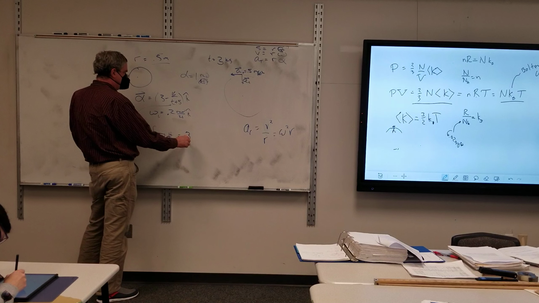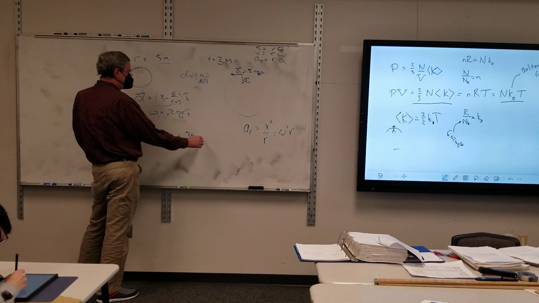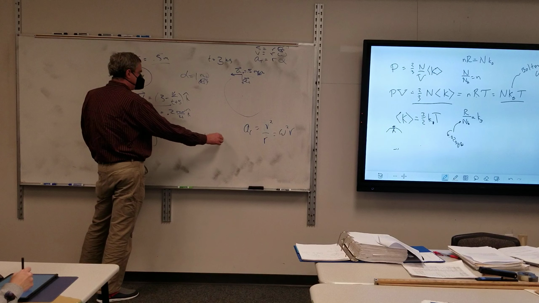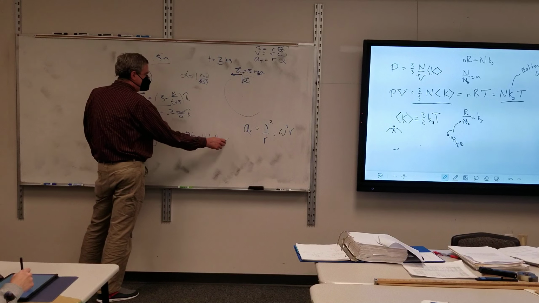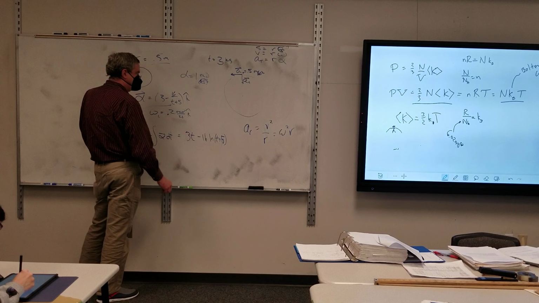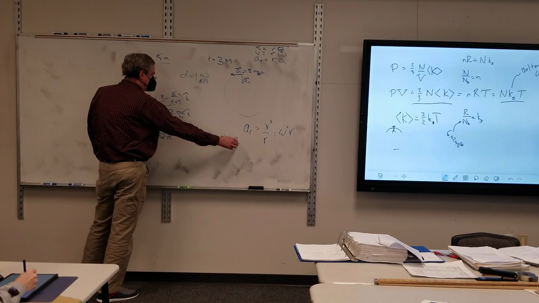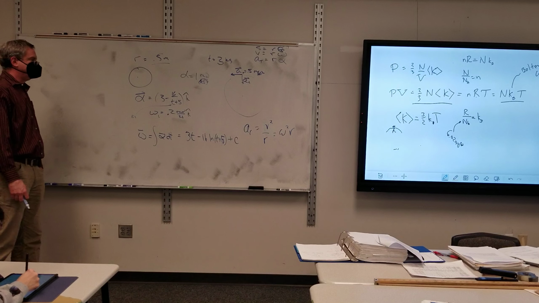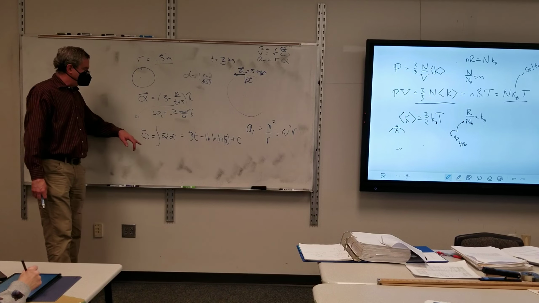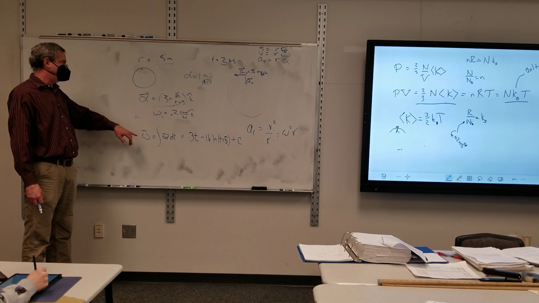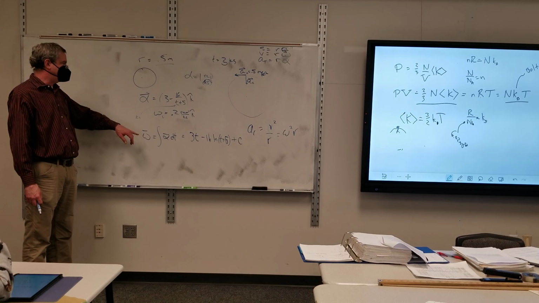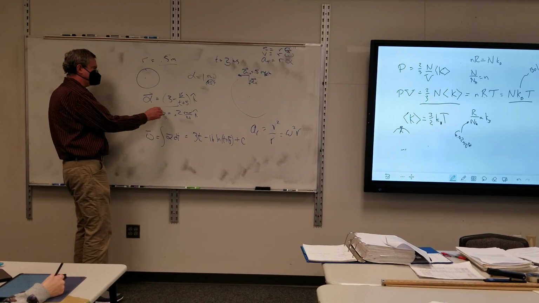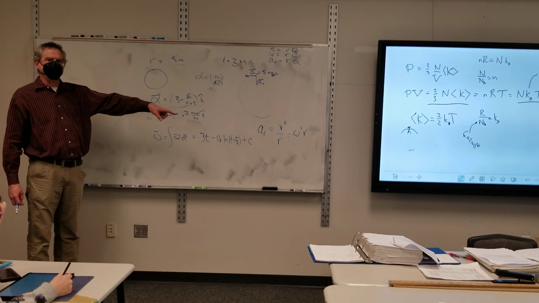We end up with 3t minus 16 times the natural log of t plus 5, plus some constant. The whole purpose of giving you the initial angular velocity is so you can figure out what that constant is.